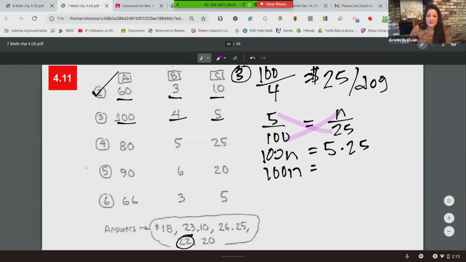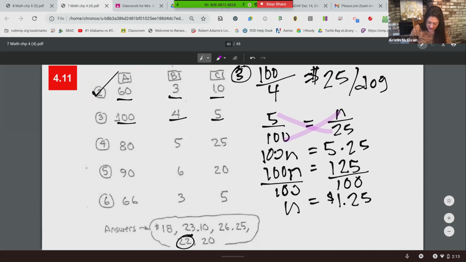So 5 times 25, 4 times 25 is 100. One more 25 gives us 125. Divide both sides by 100. That's going to leave us with n equals 125 divided by 100 is $1.25. $1.25 raise.